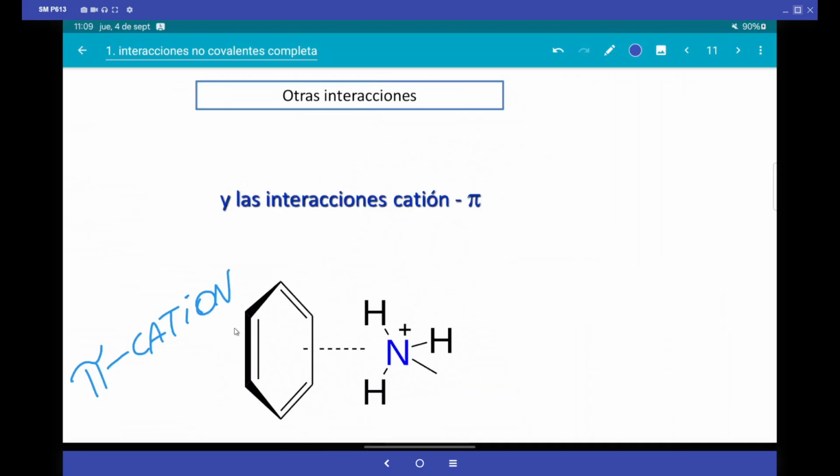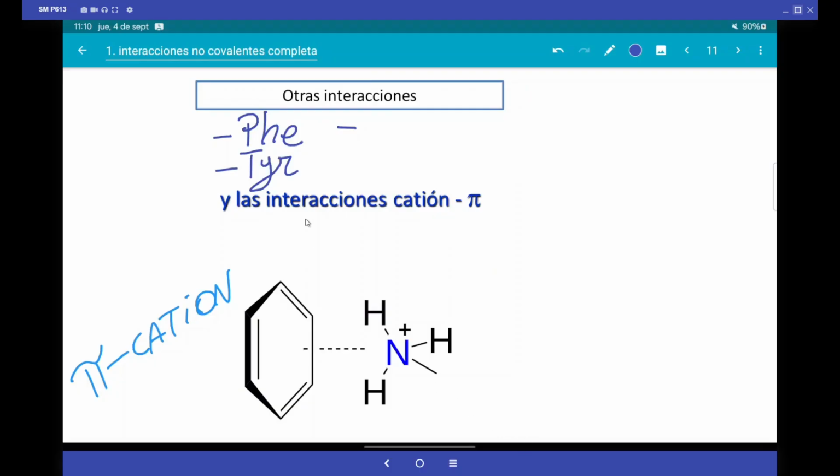I want you to name me the amino acid residues that have benzene: phenylalanine. Very well. Which other one? Perfect, tyrosine. And which other one has benzene in the structure? Not necessarily free benzene, it can be fused to something. There would be one there that is aromatic. Those two are super important.